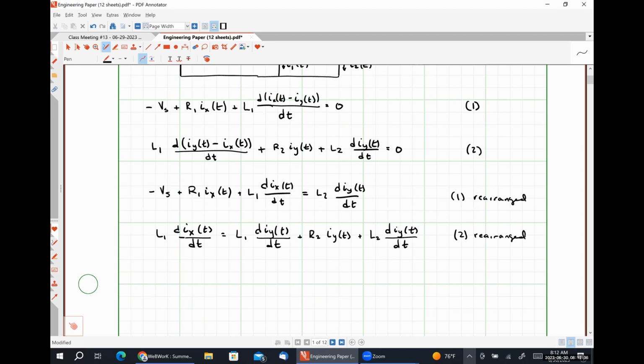I have a relationship for just the derivative of Iy in terms of Ix, and I have a relationship for the derivative of Ix in terms of a bunch of stuff related to Iy. So I'm trying to figure out how I'm going to get my second order differential equation.